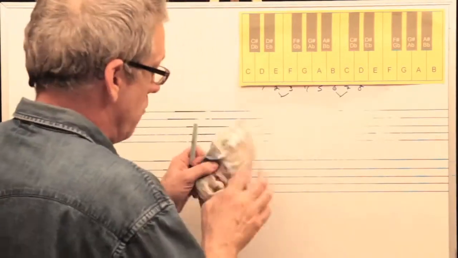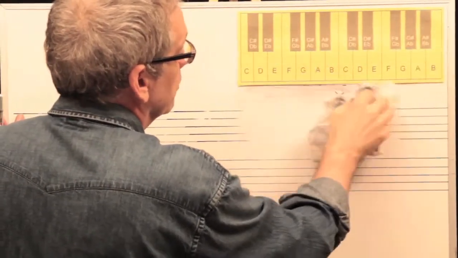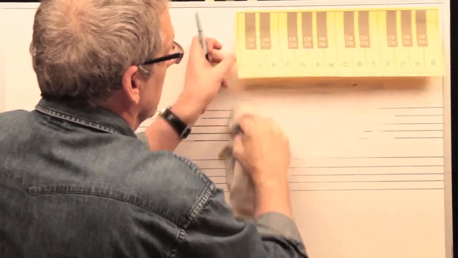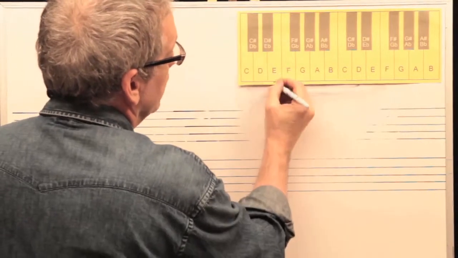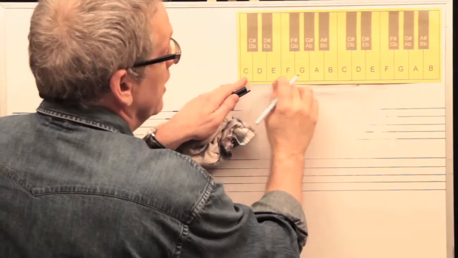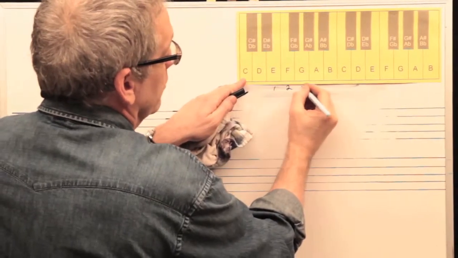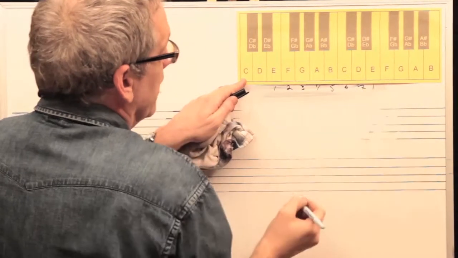And then we have a more exotic mode. Maybe let's lift this up and do that. The next one is Phrygian, which starts on E and ends on E. 1, 2, 3, 4, 5, 6, 7, and 1 again.